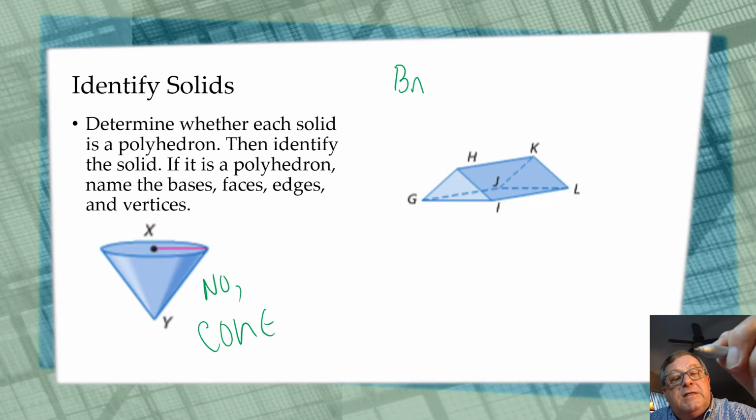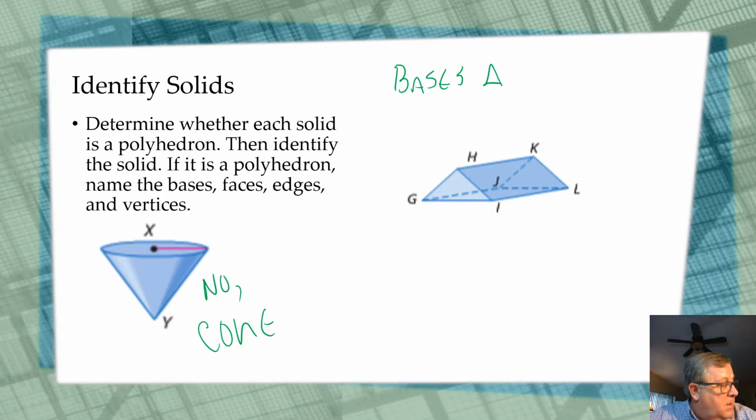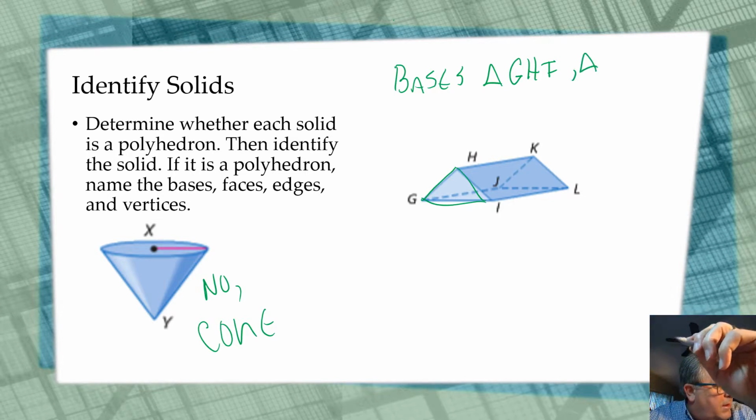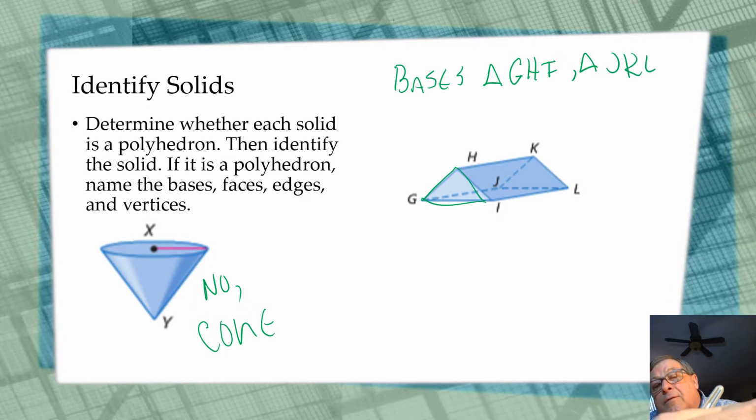We've got to do bases, faces, edges, and vertices. Let's see, the bases. We've got a triangle. We're going to say GHI. This is this area right here. And we've got another triangle, and we're going to call it JKL. That's this right here.